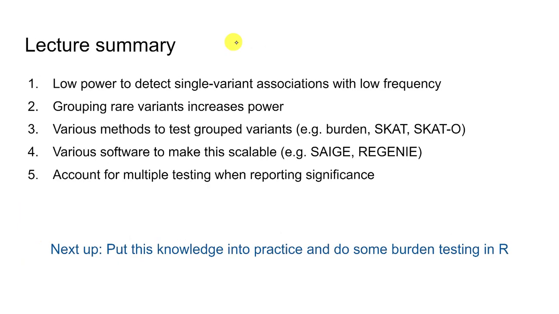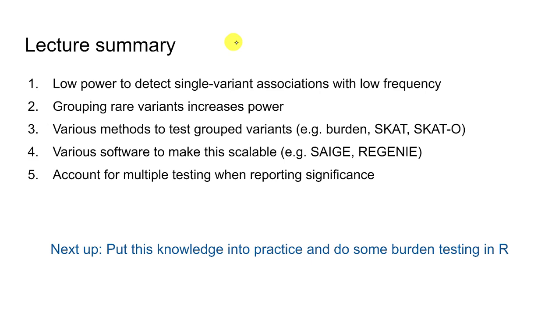Okay. So to summarize, anyone have the time? 11. Oh, perfect. Okay, so to summarize, when you're looking at rare variants compared to common variants, you have lower power to detect associations. One way to increase that power is by combining all these variants together, collapsing them by a functional unit like a gene. There are different ways that you can test these grouped units.